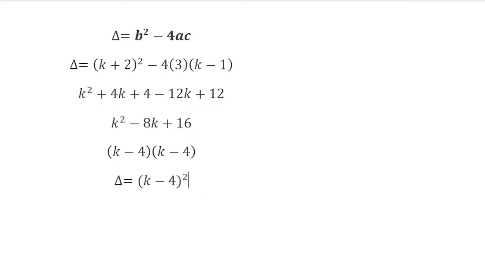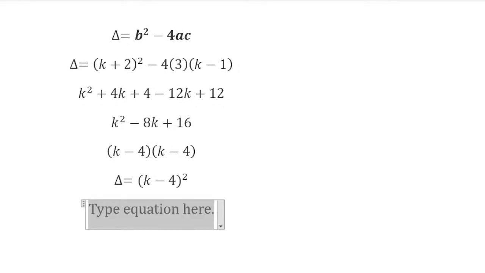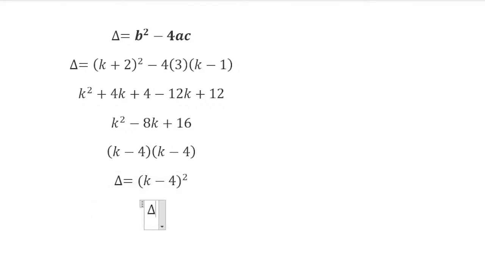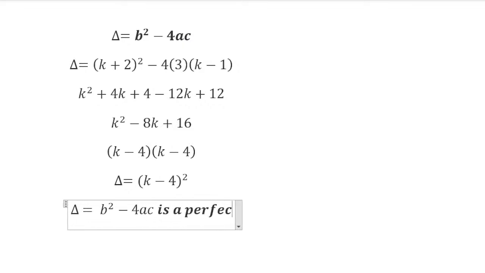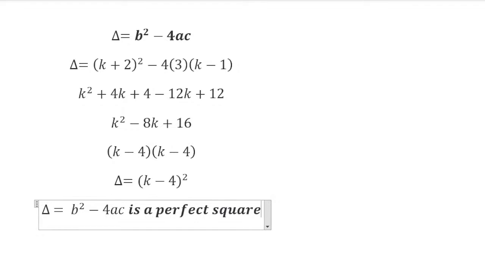Delta is b squared minus 4ac, the thing under the square root, and it is a perfect square.